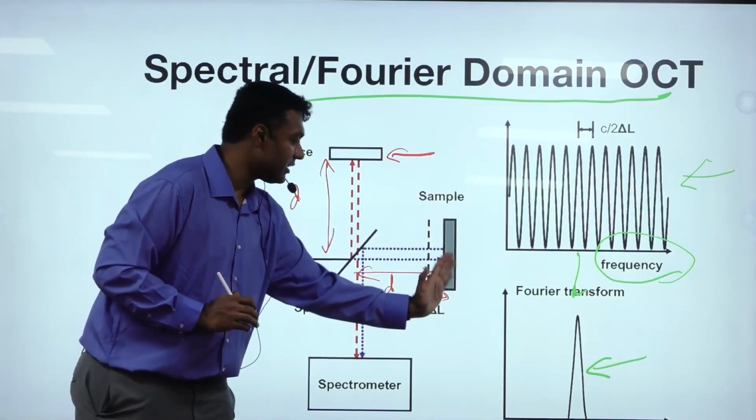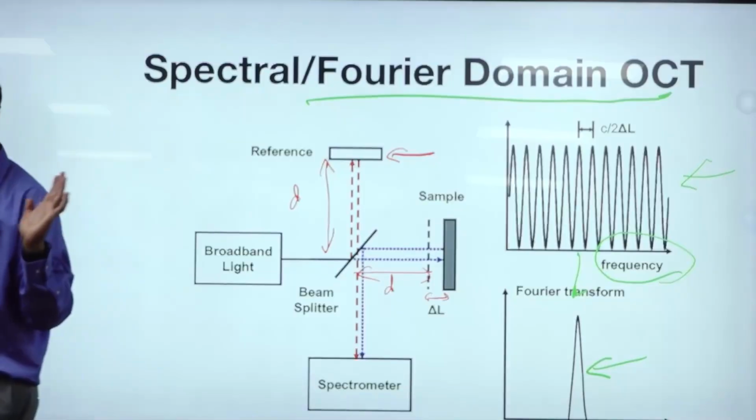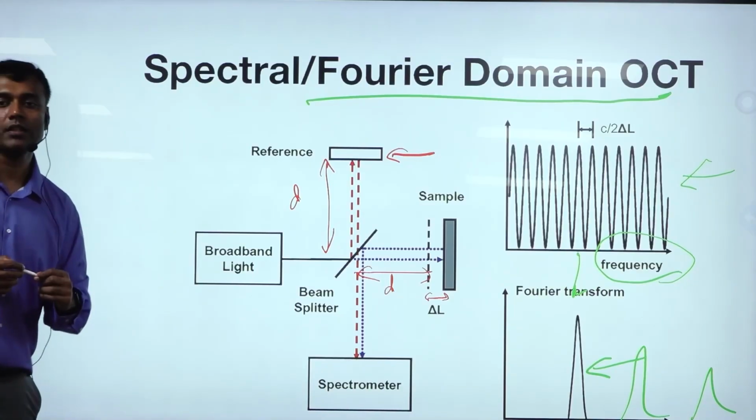If a layer is at this position, you get a peak at this position. If you have multiple layers, you will get multiple peaks, each corresponding to one layer. So this is the essential idea behind what's called Fourier domain OCT.